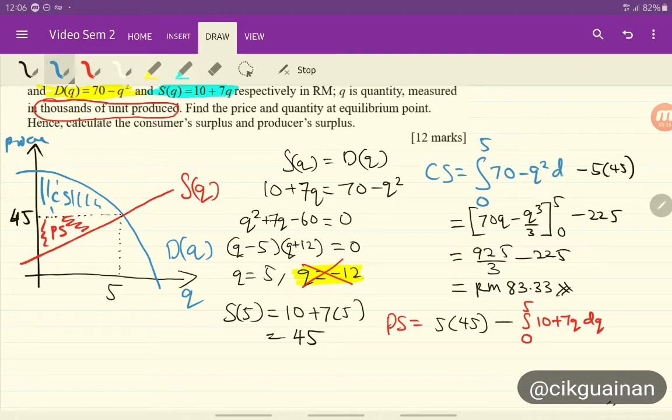It's supposed to be with respect to Q. Then that integration is 10Q plus 7 over 2 Q squared. Need the box, 5 times 45, from 0 to 5, minus what?